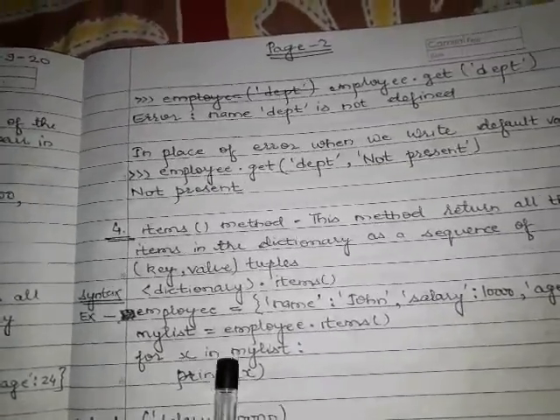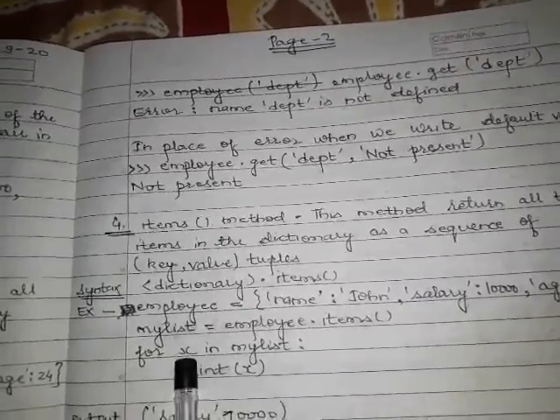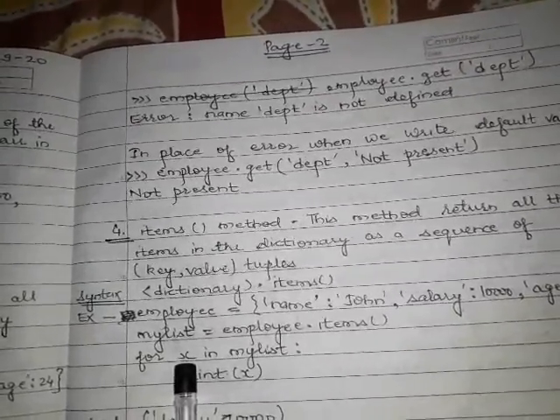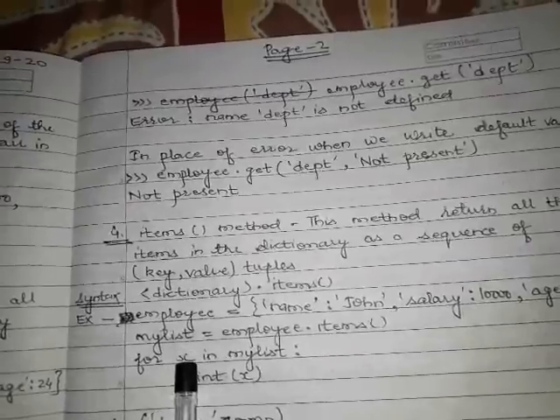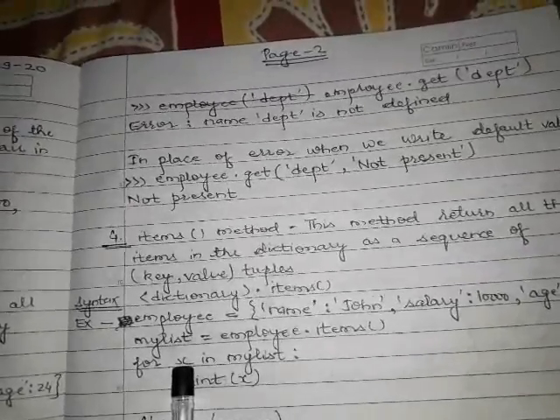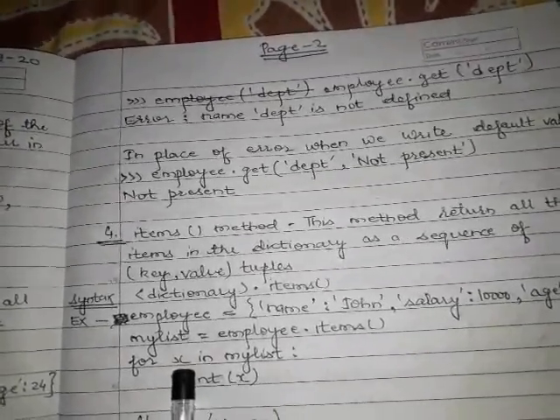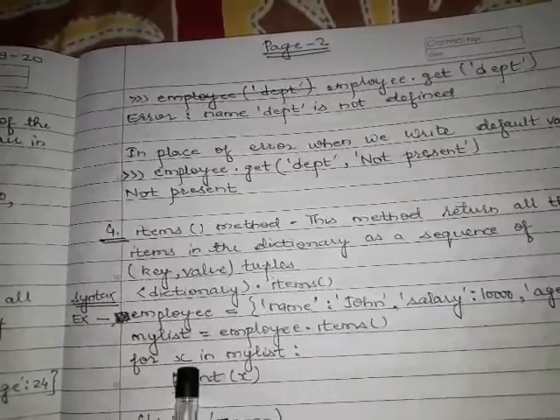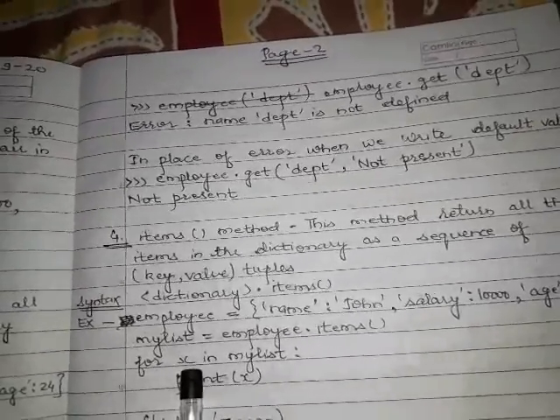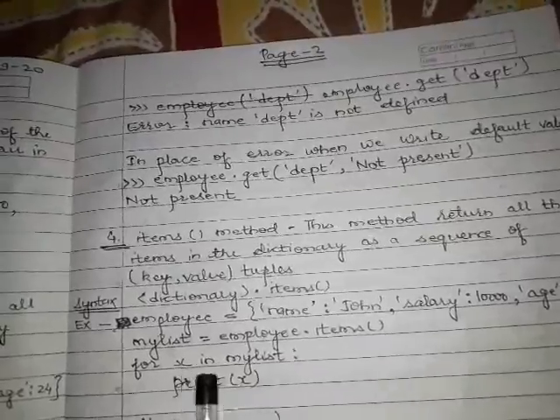So for x in mylist, it means x contains the key value pair in the form of tuple. In first iteration it will take first key value pair, in second iteration it will take second key value pair, in third iteration it will assign the third key value pair.